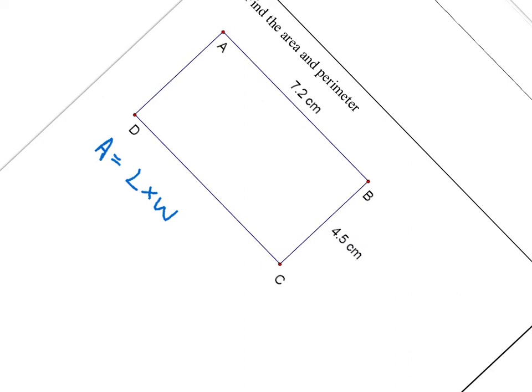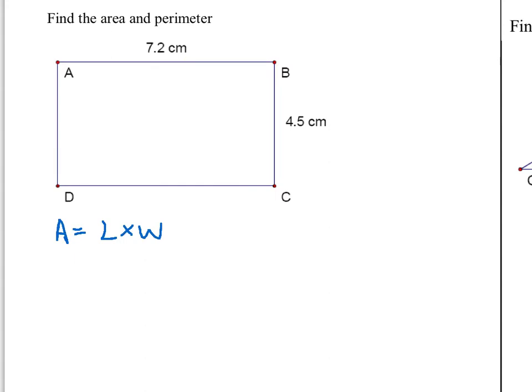While Javier thinks about this, let me ask him another question. Javier, does it matter which one's length and width? Rebecca says no. Rebecca, why not? We're just going to multiply them, and multiplication is commutative. So it definitely does not matter. So I'm going to pick, this is my length. I'm going to say this is equal to my length, and this is equal to my width. Doesn't matter.